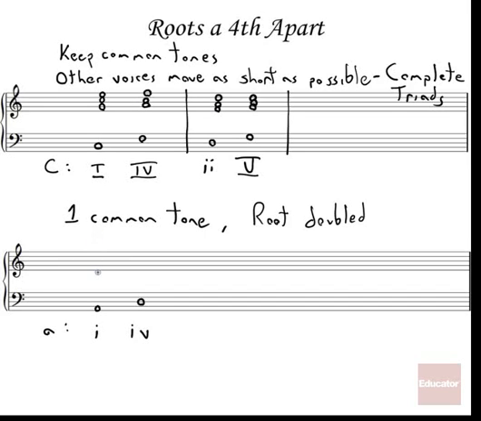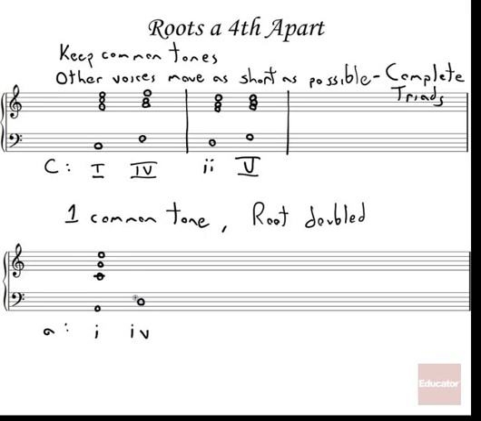So what about something like this? So C, A, E. You can see, even though it's an open spacing, I've still got a doubled root and then the third and the fifth.